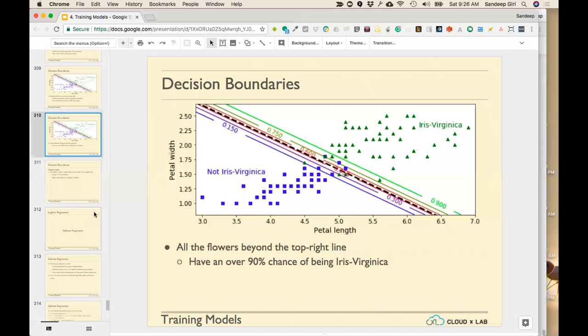But if it's happening for a lot of instances, if a lot of instances are on the decision boundary, then there is something seriously wrong with our data model. It may be nonlinear. It may be that we have not figured out a proper model yet.